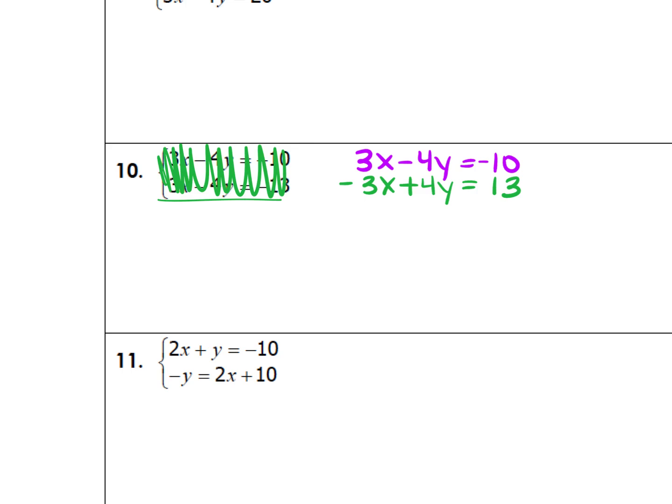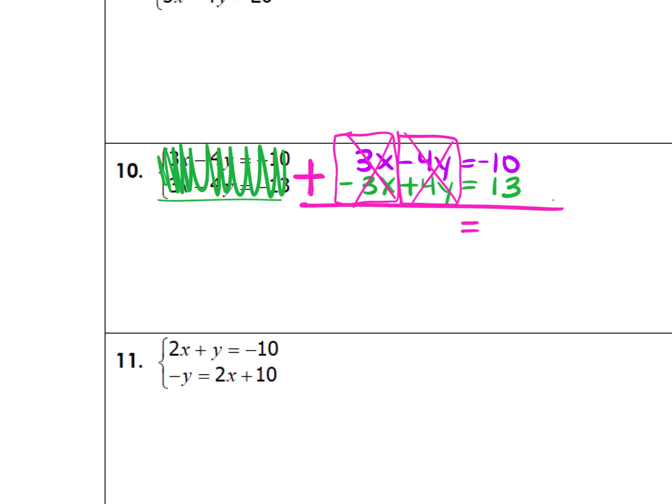All right. So maybe you saw this, maybe you didn't. These are opposites right here. But these are also opposites, right? They're both opposites. So if we're going to add these two equations together, you get 3x plus a -3x is 0. And then you get -4y plus 4y is also 0.